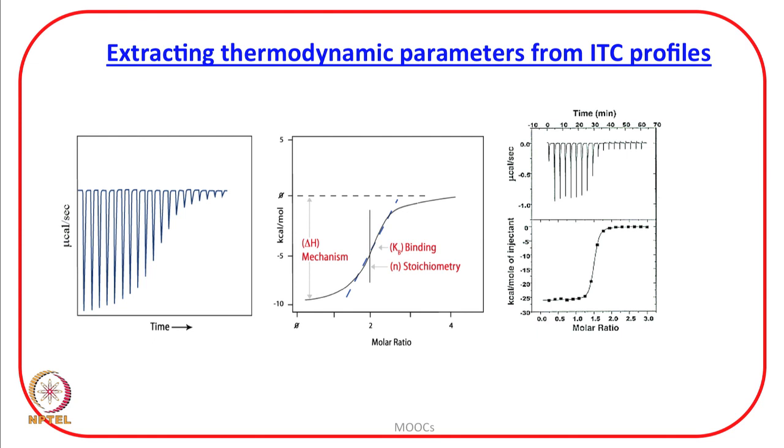This microcalorie per second or microjoules per second is in fact power. So, what this figure actually represents is the differential power which is supplied or reduced to or from the sample cell to maintain the temperature difference between the sample cell and the reference cell at 0.